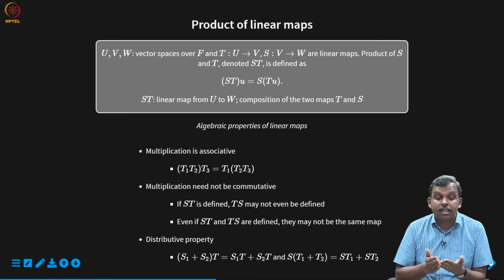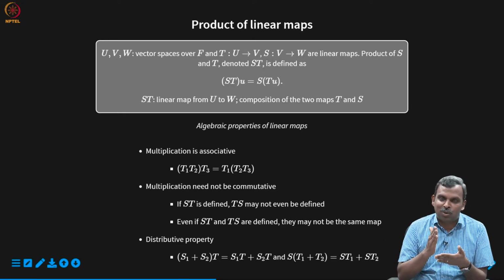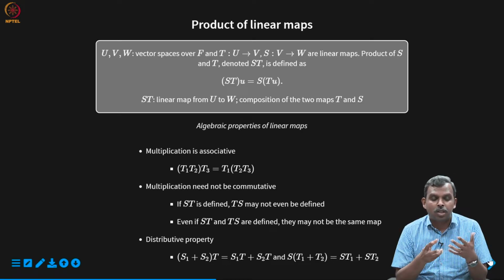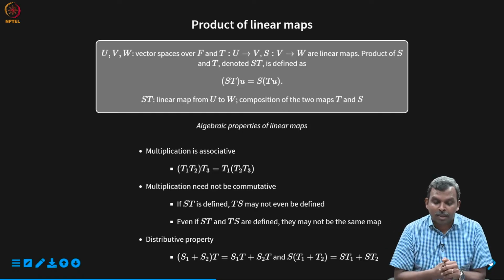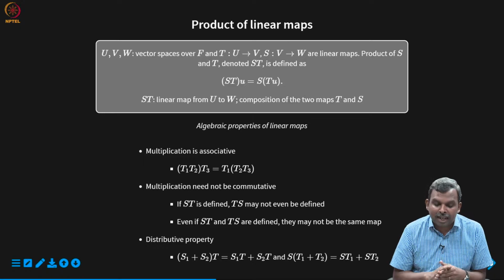Okay, first thing is you need three vector spaces. Remember when you think of a linear map, it goes from V to W. Now I want to multiply two linear maps, so it turns out I need three vector spaces, all of them over the same field F, and I need two maps.